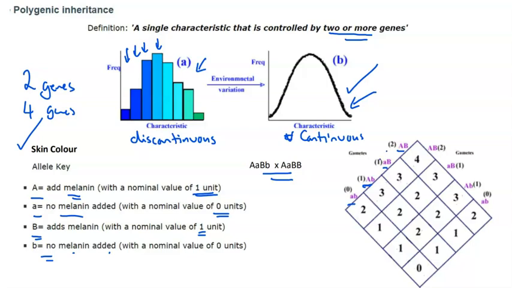The numbers which I'm showing here are the values, the units of color added by each gamete. So if we have big A, that would be 1, and big B would be 1. And then if we fertilize that with a similar gamete with A equal to 1 and B equal to 1, then we would end up with a total number of units of color of 4.